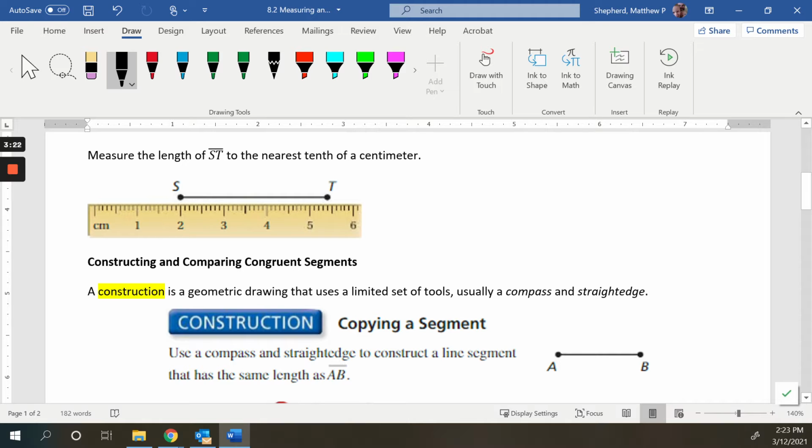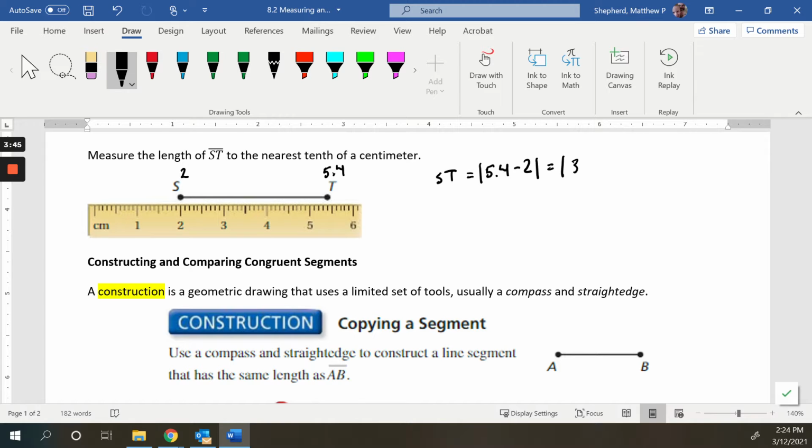All right, so here's our problem. We want to measure the length of S to T. Well, S was at 2. Looks like T was at 0.4. So the distance of S to T must be equal to the absolute value of the difference of the coordinates. And that's what I just wrote.